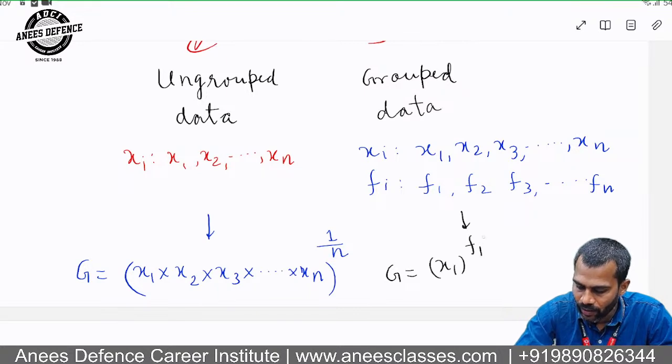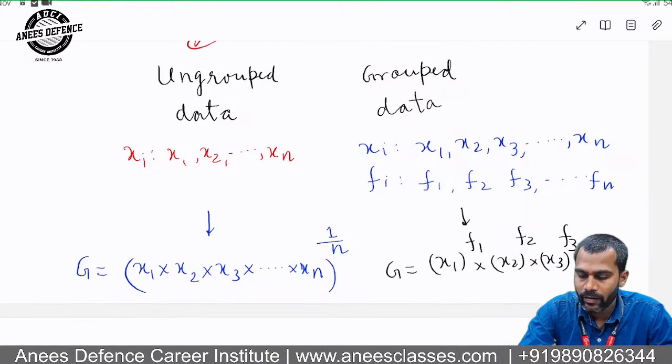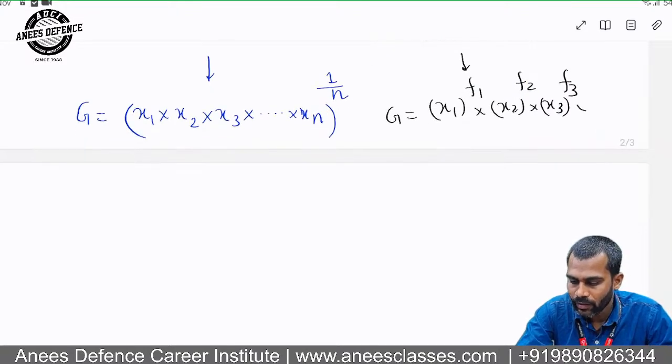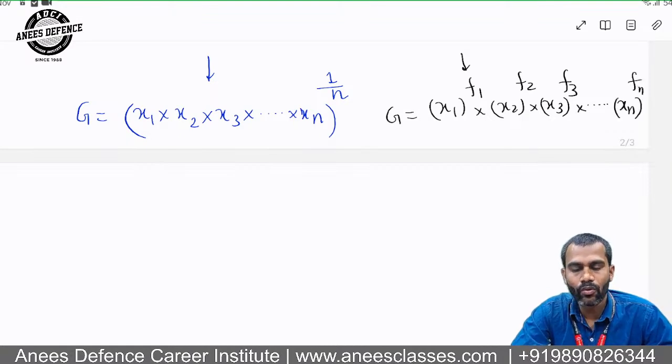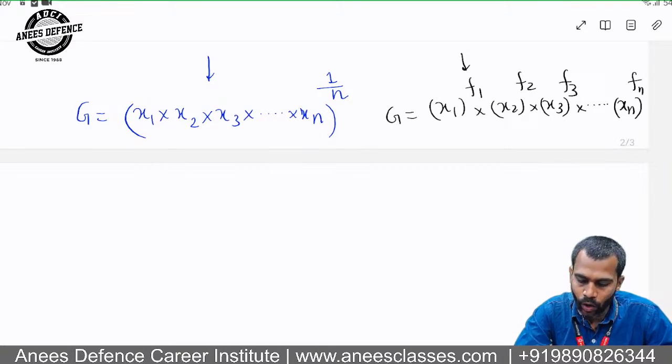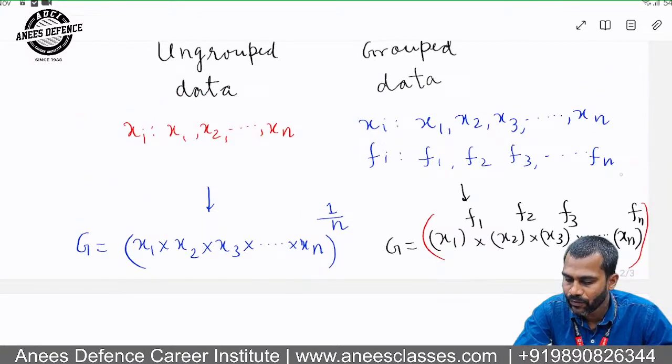Online students, are you getting it? x2 raised to f2 and x3 raised to f3 and so on, up to xn raised to fn. And the whole power will be what? 1 by the total number of observations.